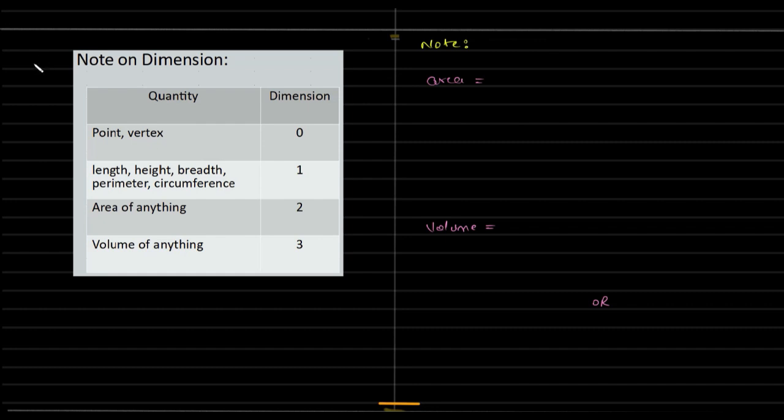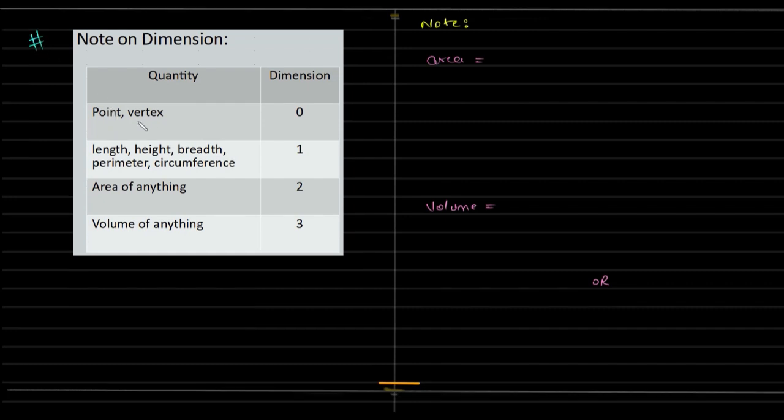Now we'll look into the dimensional aspect of things. Any point, vertex, and so on, the dimension associated with it is 0. It has no dimensions. Anything to do with length, height, breadth, perimeter, circumference, these are said to be one-dimensional things. Anything to do with area is of 2 dimensions.